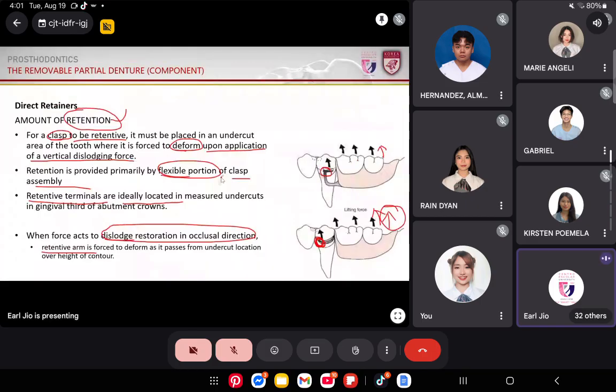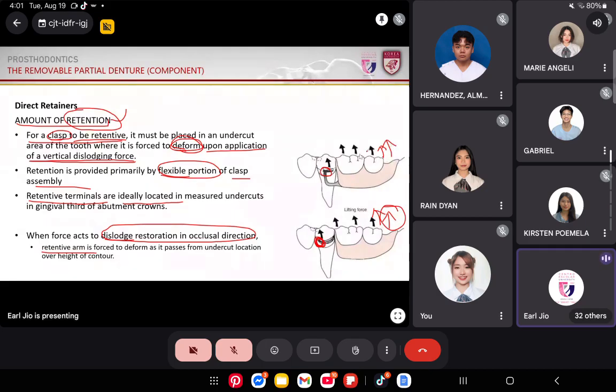Okay, so when we talk about the amount of retention, the strength of retention, it says here that for a clasp to be retentive, it must be placed in an undercut area of the tooth where it is forced to deform, or activated, upon application of vertical dislodging forces. In our diagram, you can see that on the prosthesis there are vertical dislodging forces.